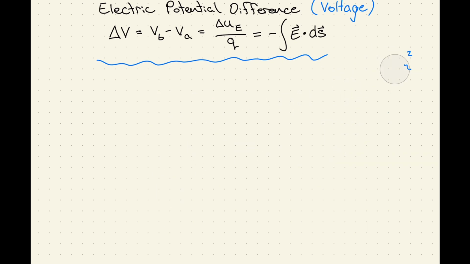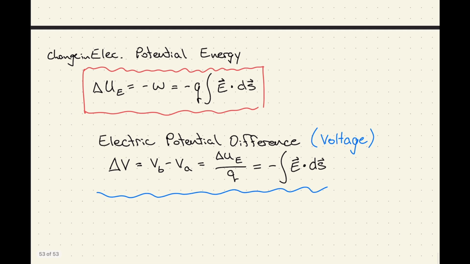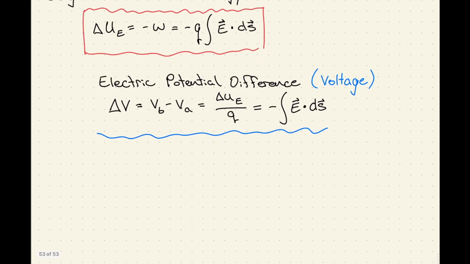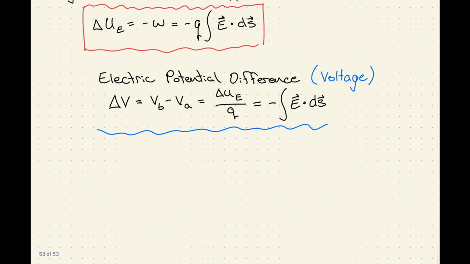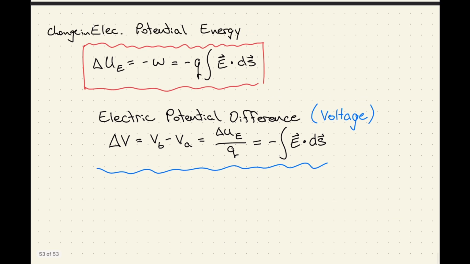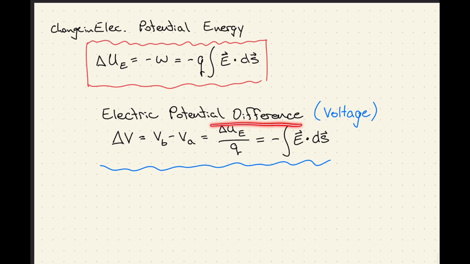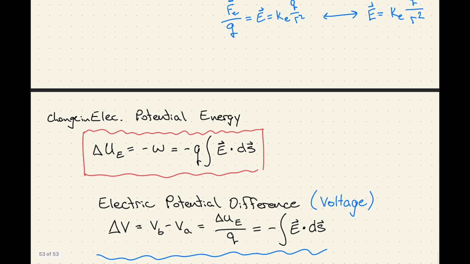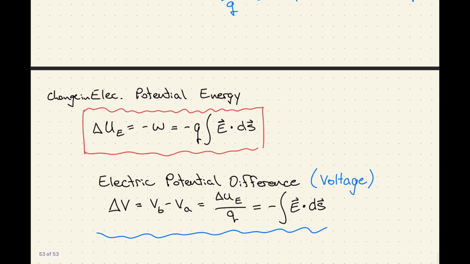Now, what I wanted to do to end off this video is, well, basically I just introduced electric potential difference. I wanted to outline a couple things that you should just keep in your mind. Electric potential difference is not electric potential energy. Okay? Electric potential energy has units of joules.